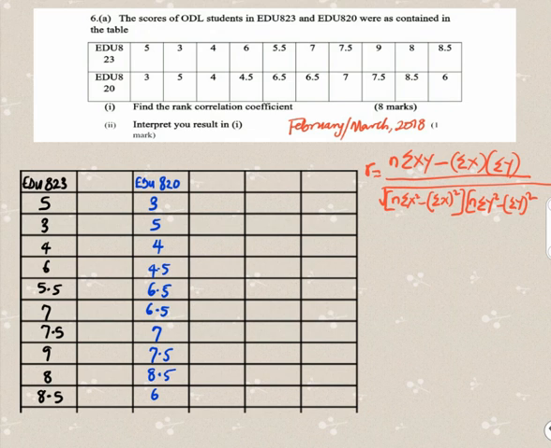The formula is quite easy to memorize. Now look at it. We have n. We take the two variables, we multiply them together. We bring the sum of the product of the two variables together. Then we have the scores in the variables summed together as well, then multiplied by themselves.